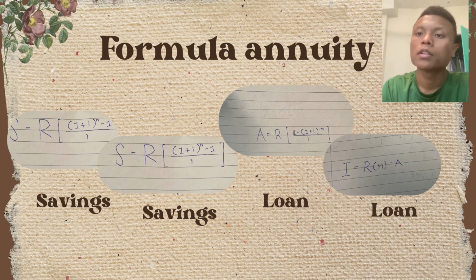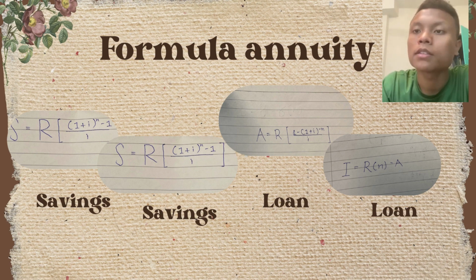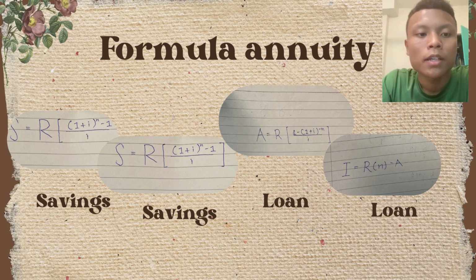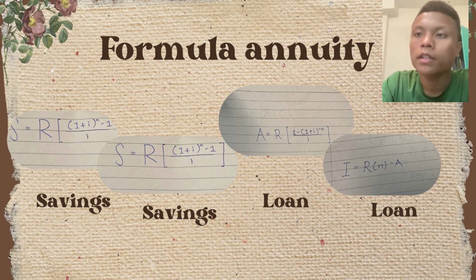For loan, we use the formula A equals R, bracket 1 minus bracket 1 plus i to the power of negative n, over i. Loan also has a second formula.